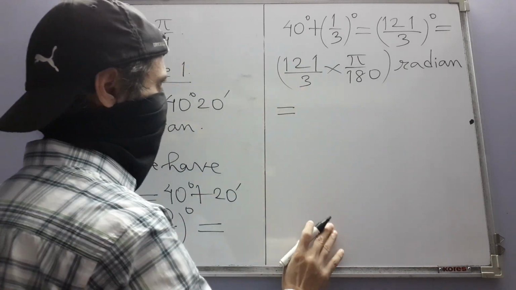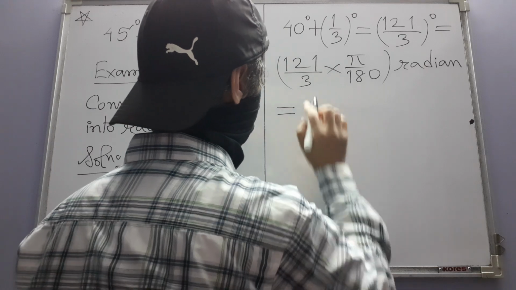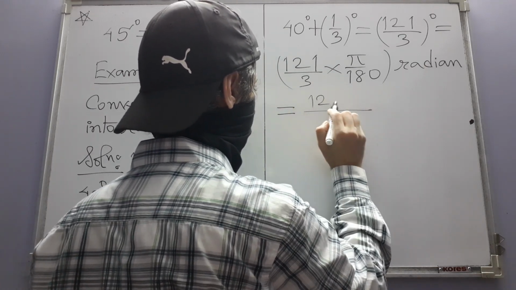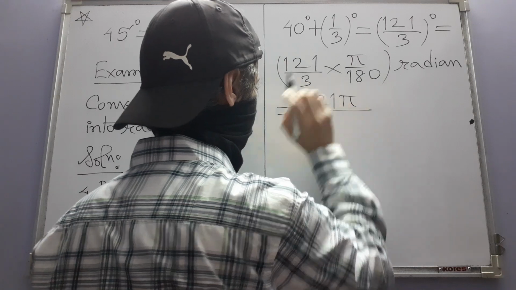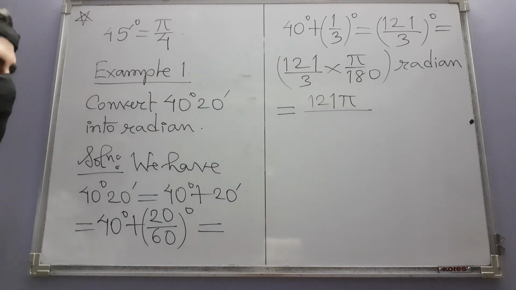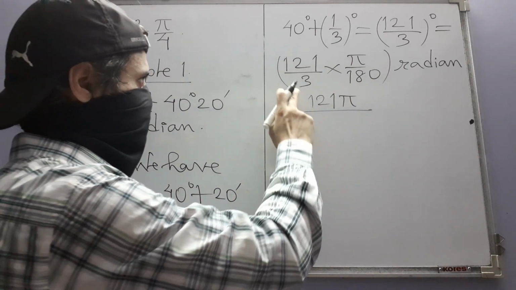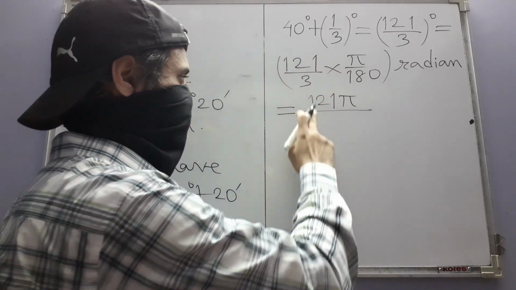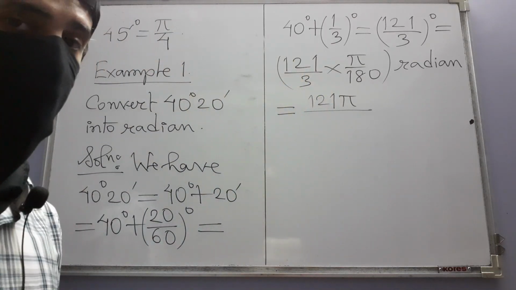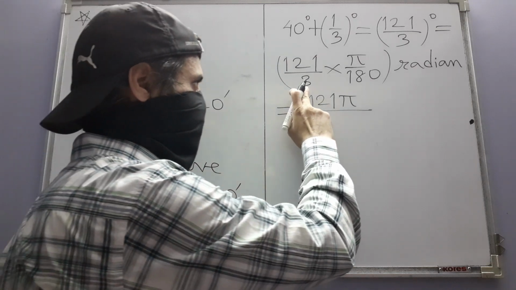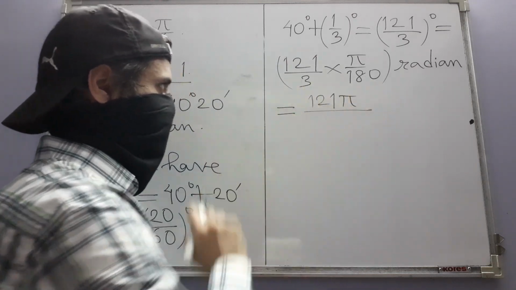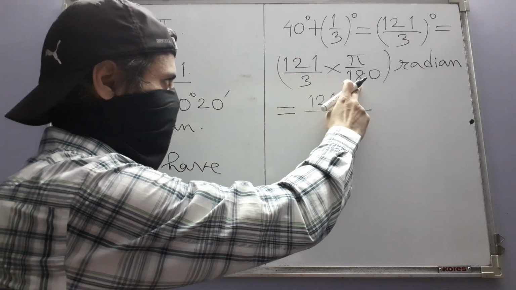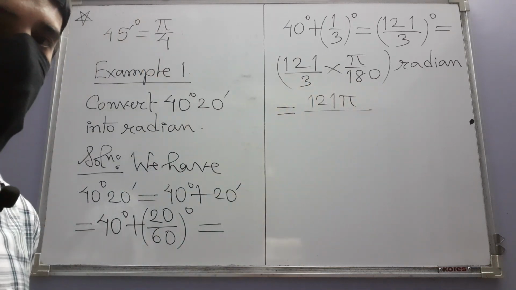Now if we simplify this somewhat, it won't really be simplified because we have 121. No cancellation is possible because the only prime number which divides 121 is 11, and we do not have any 11 factor here. 11 is not, of course, there in 3, and 11 is also not available in 180.